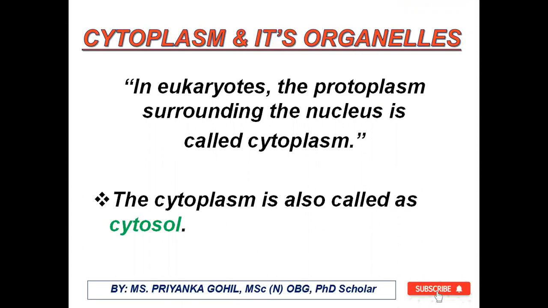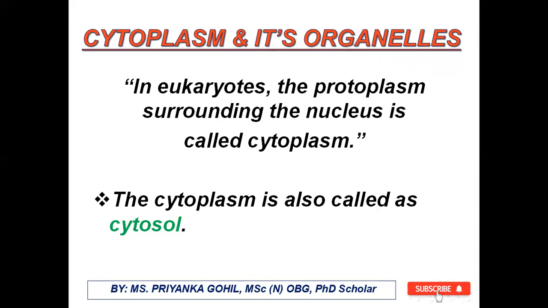So in eukaryotes, the protoplasm that is surrounding the nucleus is called the cytoplasm. In easiest meaning, we can say that plasma is liquid and cyto is something related to cell. So the fluid that is inside the cell, or cellular fluid, is called the cytoplasm.